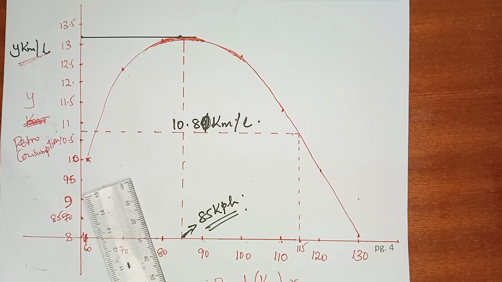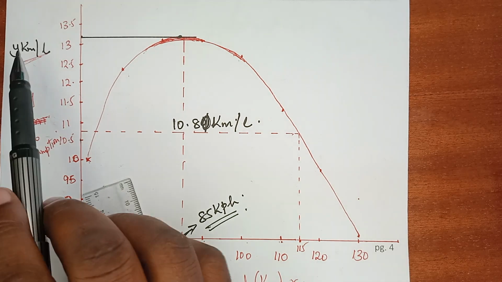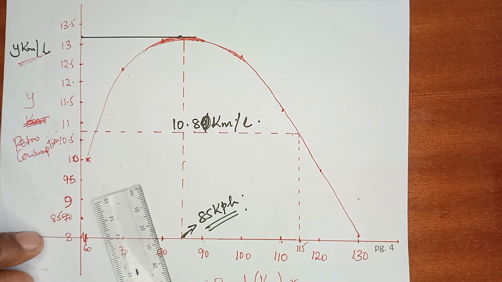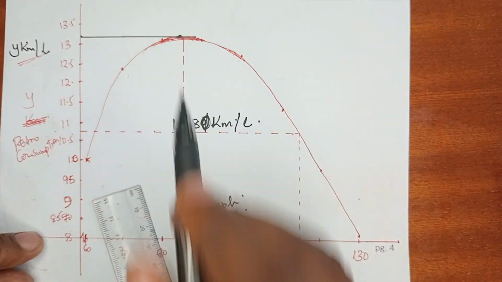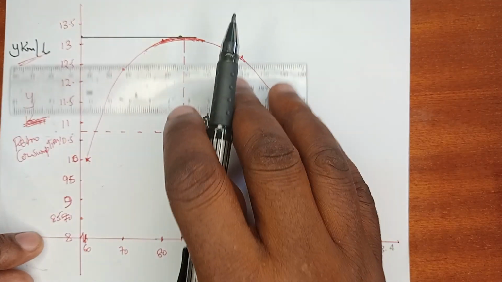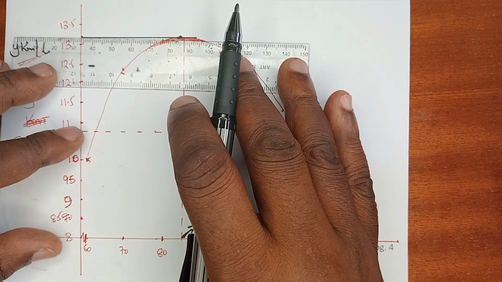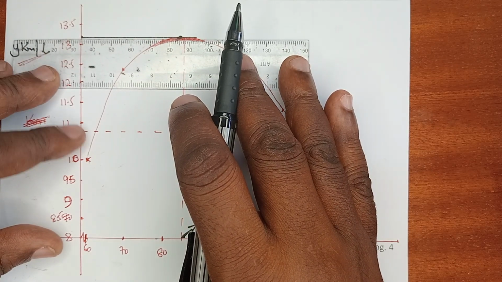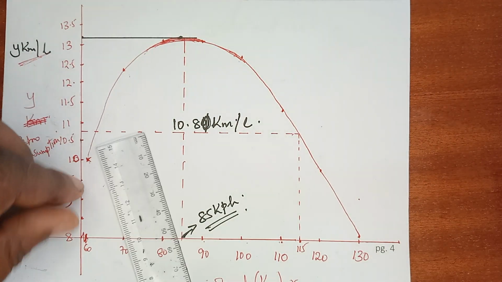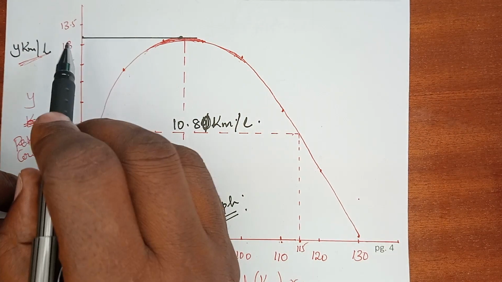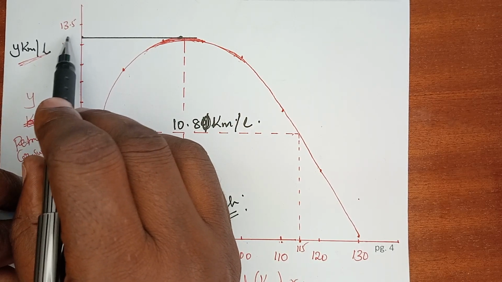So in this case, we are trying to identify the highest point on the y-axis, which is talking about y kilometers per liter. And of course, we draw a tangent at the top there. We draw a line to meet the curve at the topmost point, at the turning point. And at that particular point, this is already almost 13.3 kilometers.